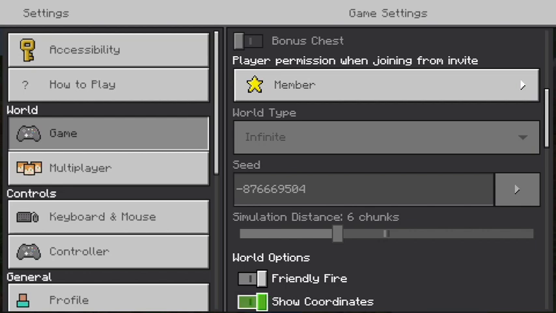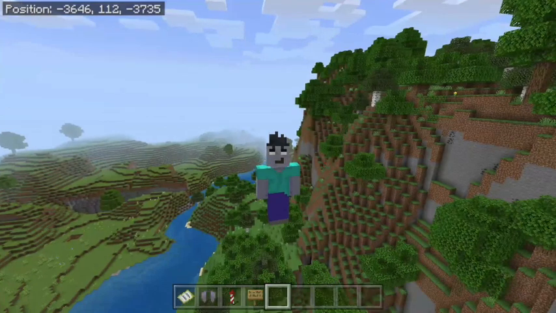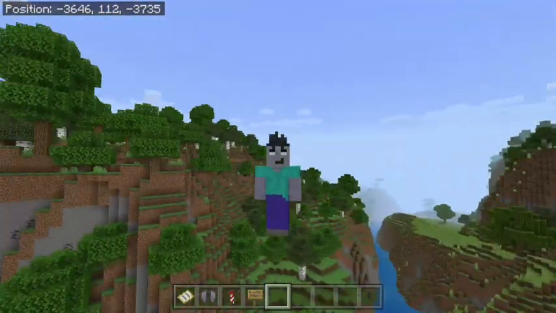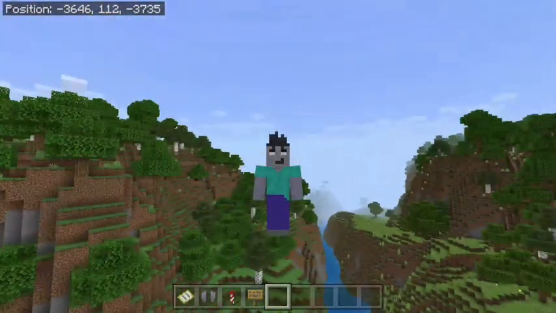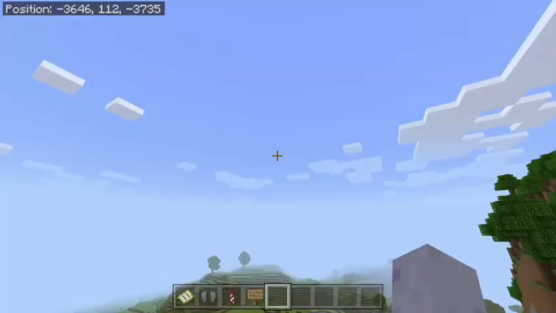If you're on Java, you have to get your debug screen up, so you have to press F3, or with some different computers, you might have to press Fn plus F3 or Alt plus Fn plus F3. That's just going to pick up the debug screen, which gives you a bunch of different information, one of which is your coordinates.